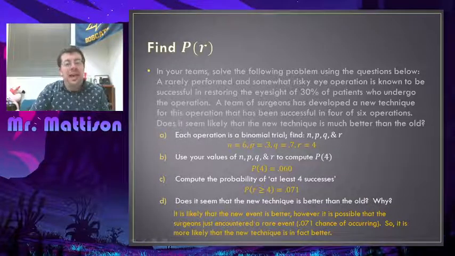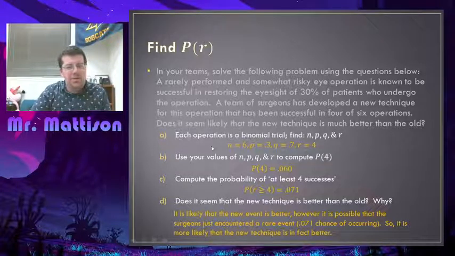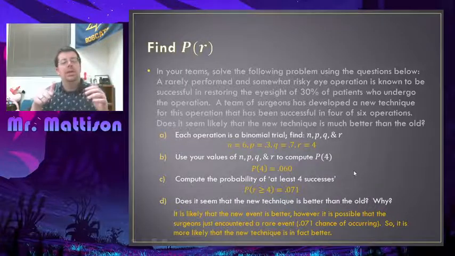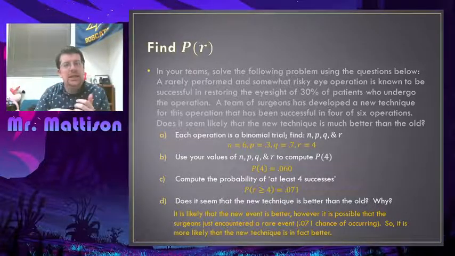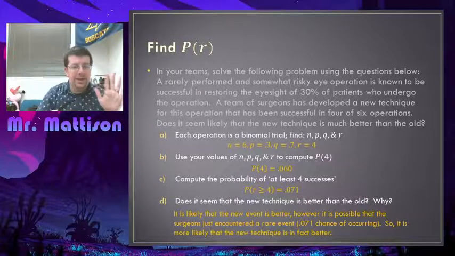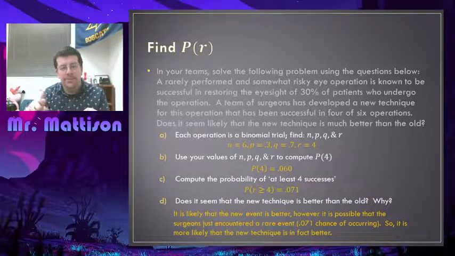If I do the exact same thing as I did for the probability of 4, but do it with 5, well, that's 6 choose 5 times 0.3 raised to the 5th power times 0.7 raised to the 1st power, because I want 5 successes and 1 failure. Then I get that probability there.